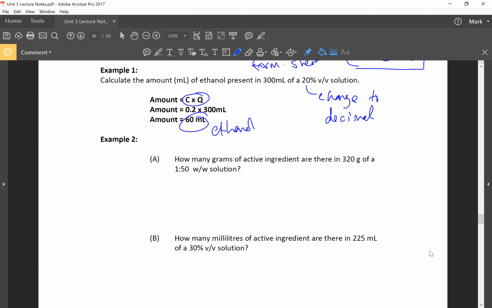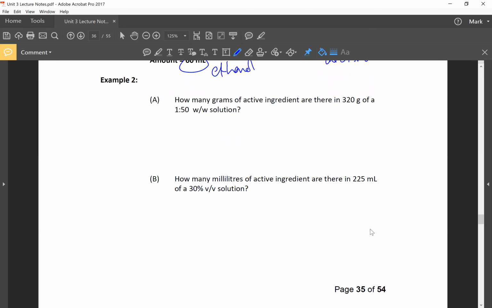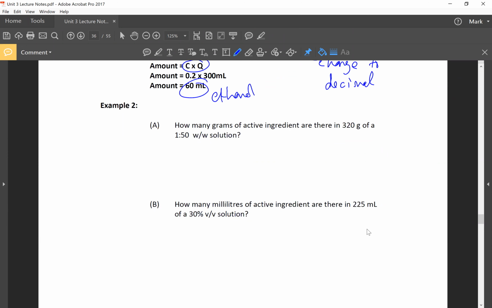Okay, let's look at a couple more. How many grams of active ingredient are there in 320 grams of... I think this is a typo here. Maybe not. I'm not sure if they mean 1.5% or if they mean a 1 to 50 solution. Let me just check something here. Okay, hold on.